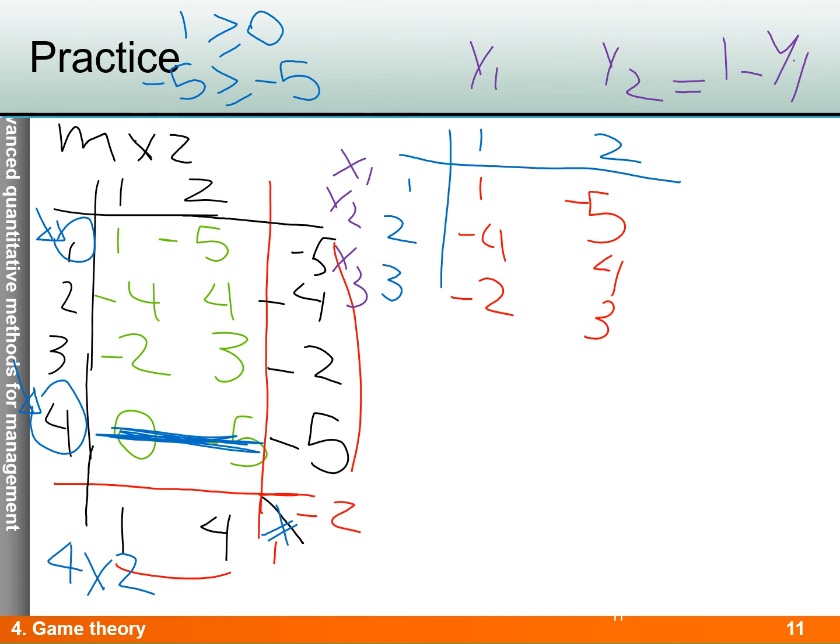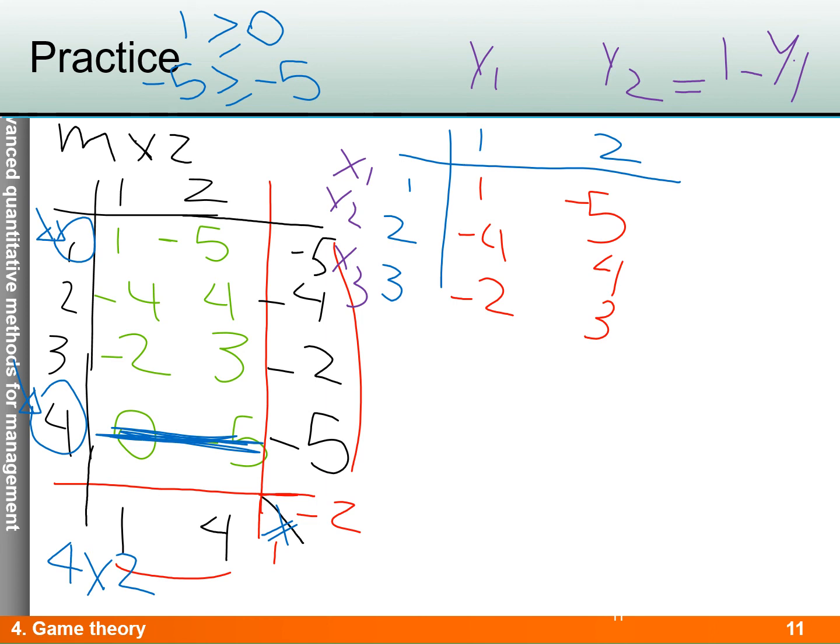So if I put these elements, these mixed, sorry, I repeat, the probabilities, it means the mixed strategies of player 2 while player 1 selects the pure strategy 1 or 2 or 3.